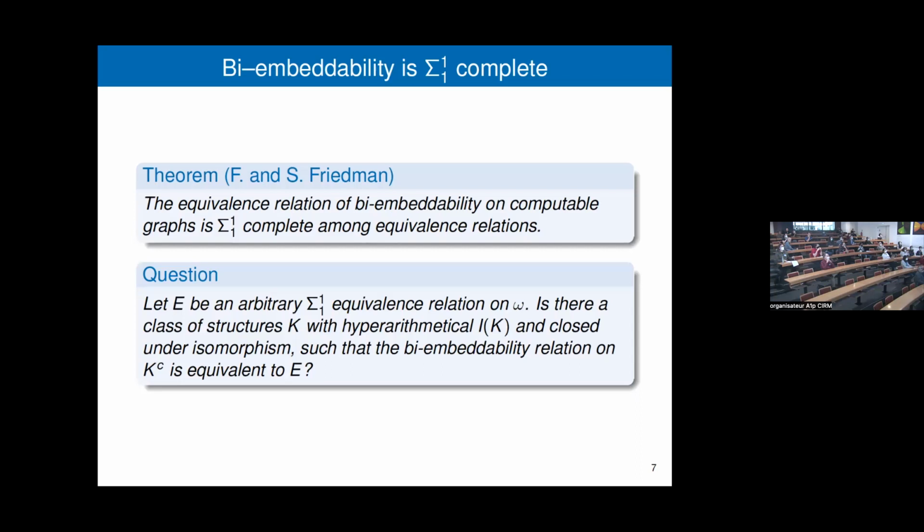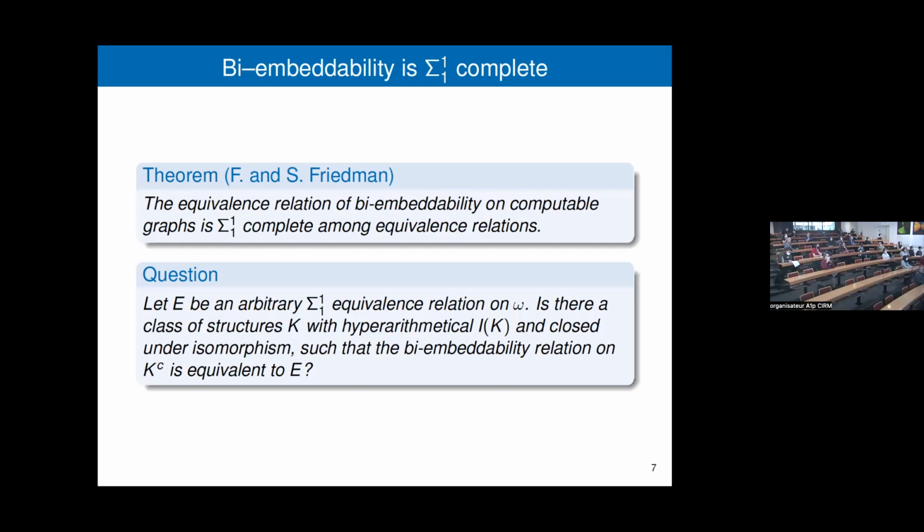Is there a class of structures K, with a hyperarithmetical index set, a class that is closed under isomorphism, such that the bi-embeddability relation on this class is exactly equivalent to this relation E?